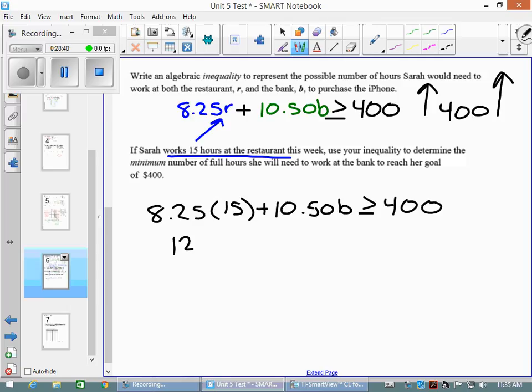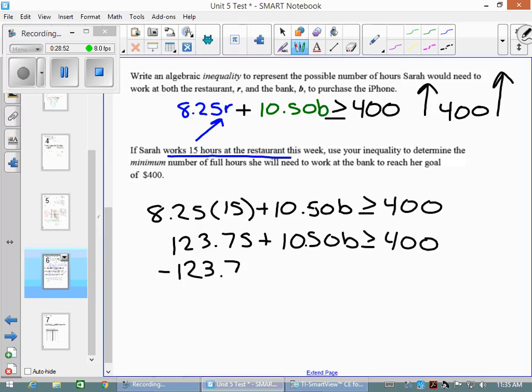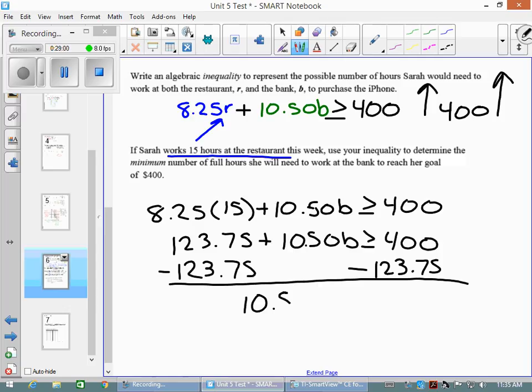Again, we want to get B by itself, so I'm going to subtract this from both sides. Those cancel out, and I'm going to be left with 276.25, and then divide by that 10.50 on both sides.